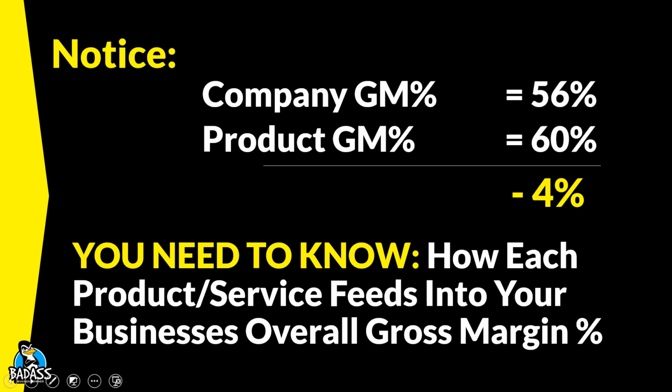So more than likely, this company has other products or services that are way below the 56% to offset that. So it's one way where you can dive into your numbers deeper and say, okay, who's above that company gross margin and who's below that company's gross margin? And then you can see why you end up where you are when you're looking at individual products or services. So it's a really fun thing to do.